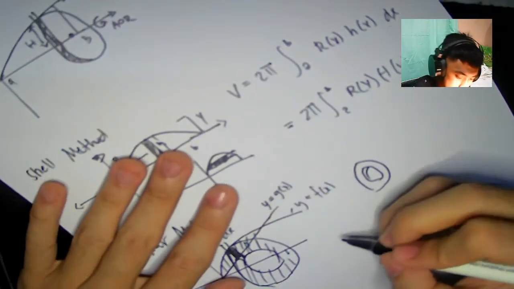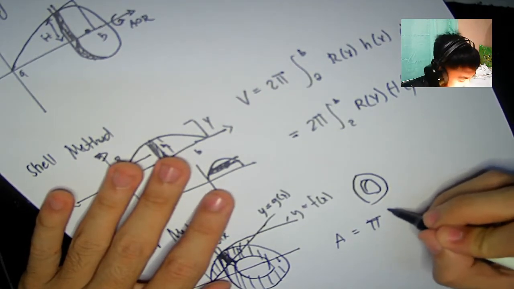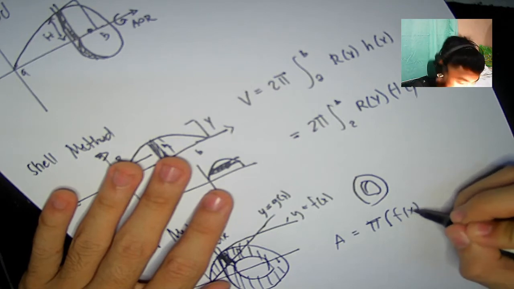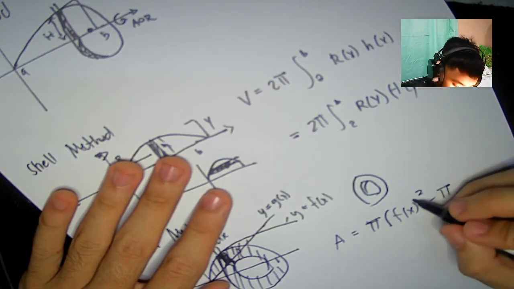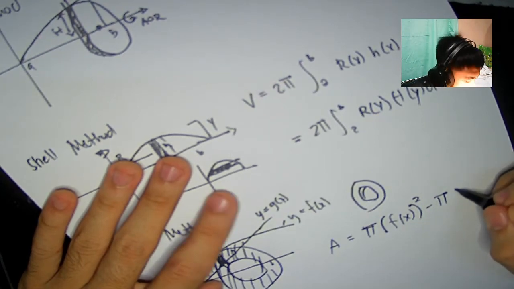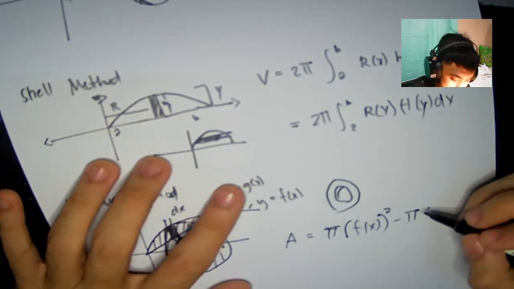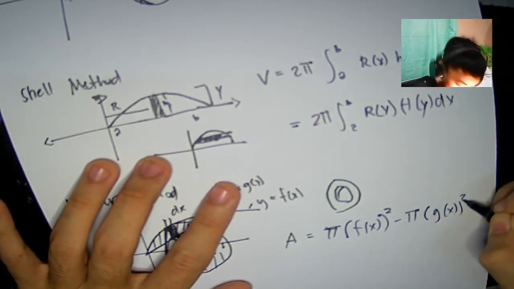So the area of a washer is pi f of x squared minus pi times g of x squared.